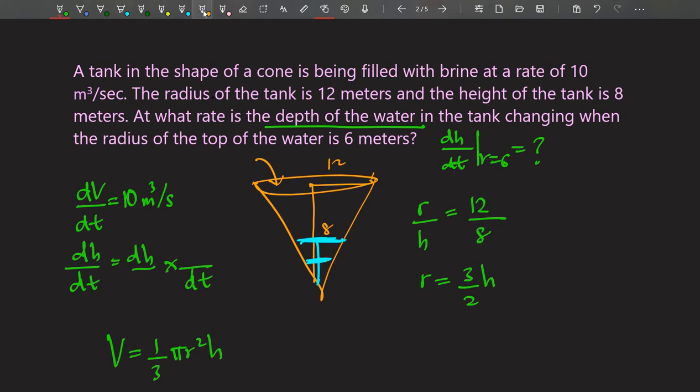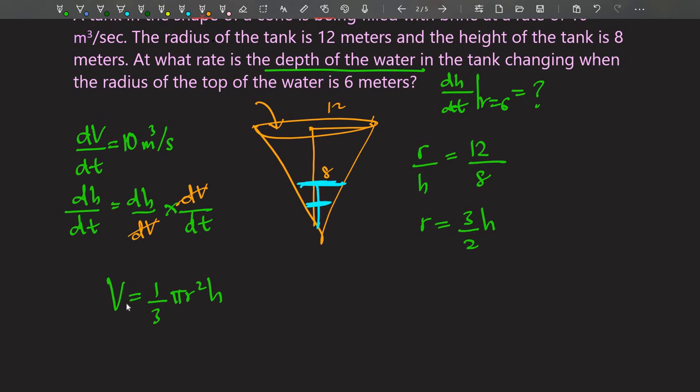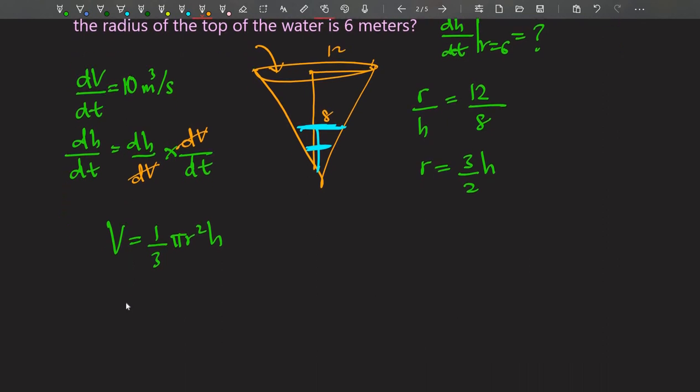Since we have the value of dV over dt, the something should be dV, because when we cancel out using the chain rule, we'll have dH over dt back. So in order to determine dH over dV, we first determine dV over dH. To get dV over dH, V must be in terms of H only.